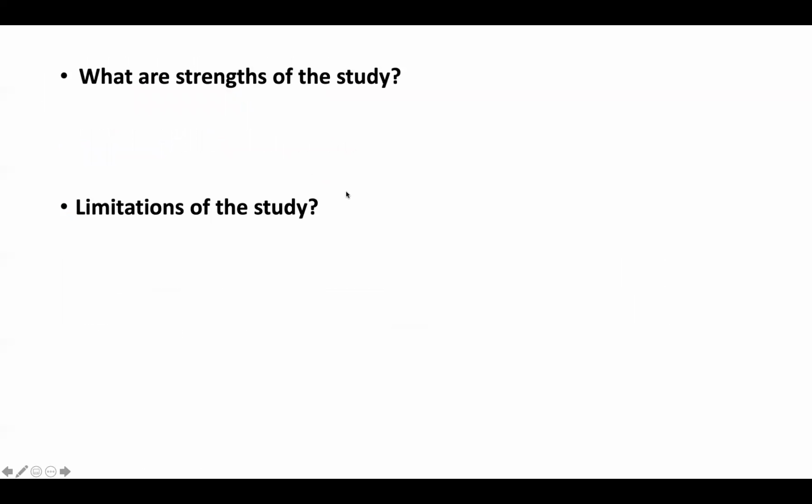So we mentioned some limitations of the study, like the ceiling effects for some of the effects for the MoCA and the SPPB score, and also there may be low intensity for the exercise program.